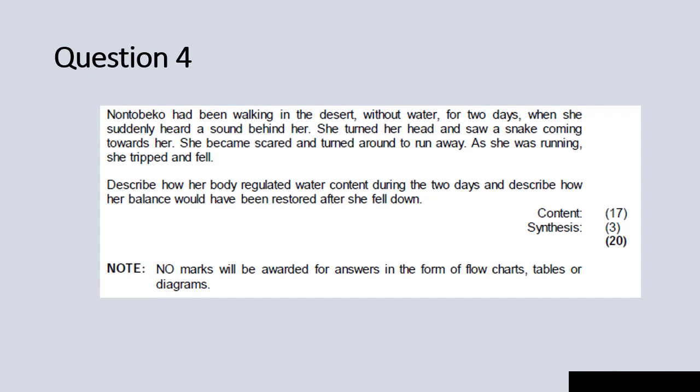You have 17 marks for what you put into it, 3 marks for putting it all together, and no marks will be awarded for answers in the form of flowcharts, tables, or diagrams. So use them if you need to for drafts. Don't waste a lot of time on it though, because they need the words.